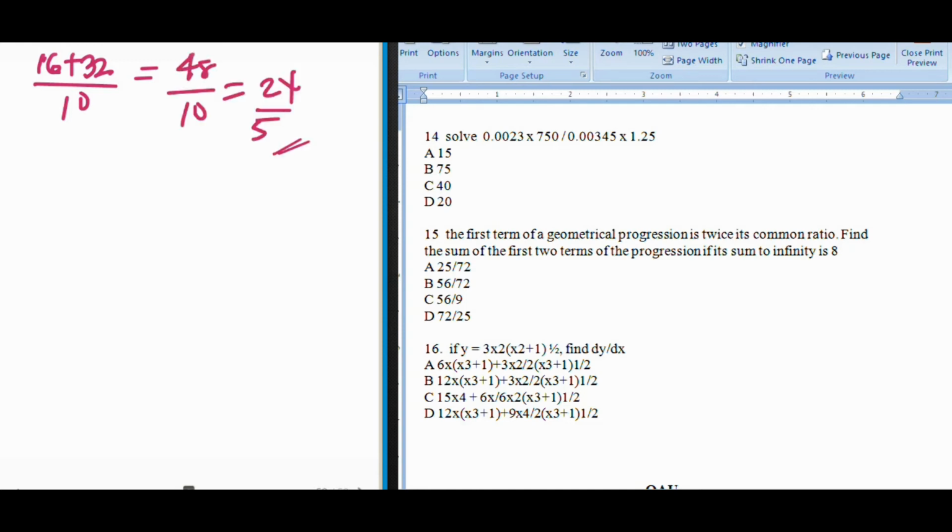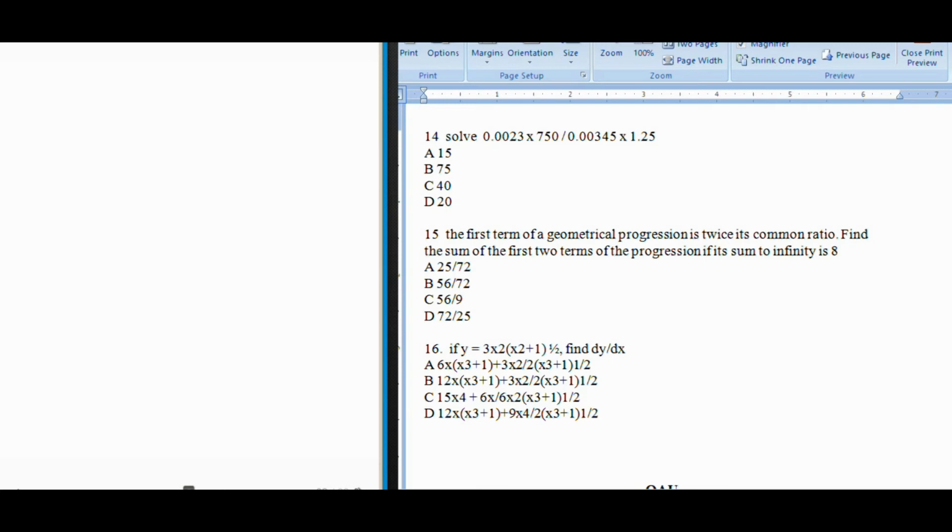The next question has to do with differentiation. Okay? Alright? The next question has to do with differentiation.